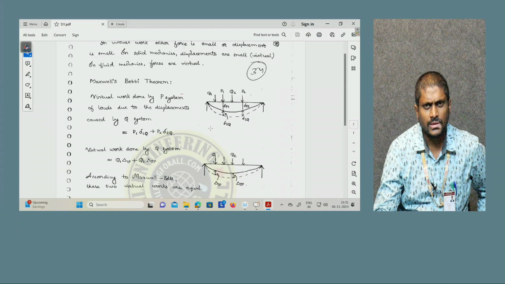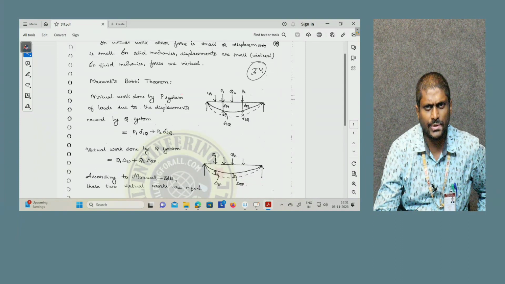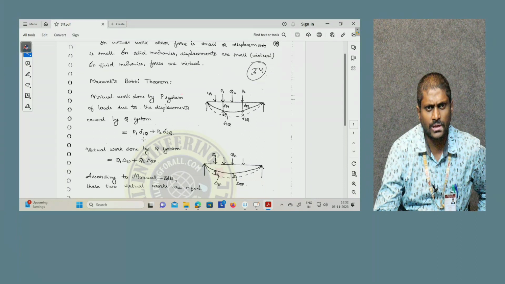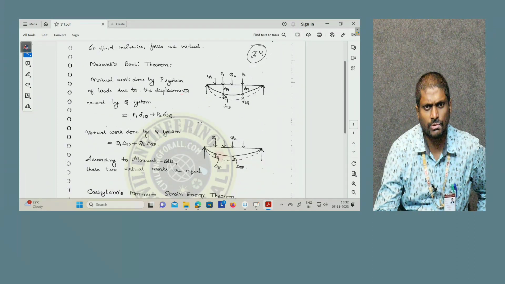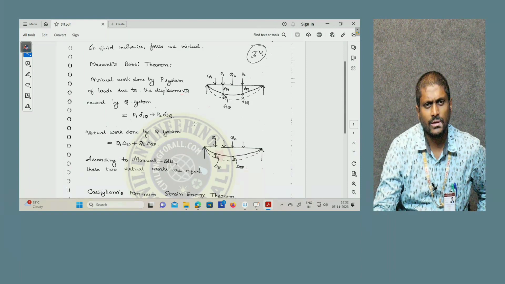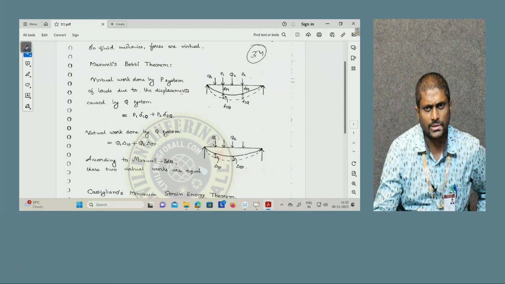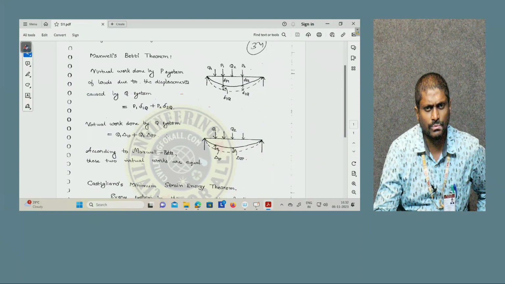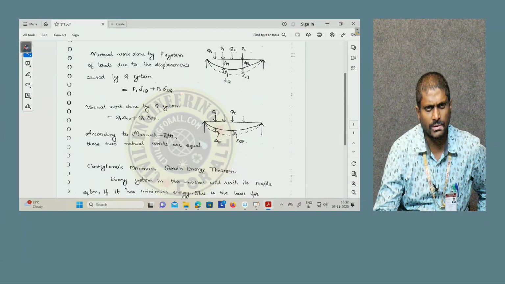That means if I apply the load at P, then I can measure the deflection at Q. So that equals P1 into delta 1Q plus P2 into delta 2Q. That is virtual work done by the Q system, Q1 delta 1P plus Q2 delta 2P. According to Maxwell-Betti, these two virtual works are equal.